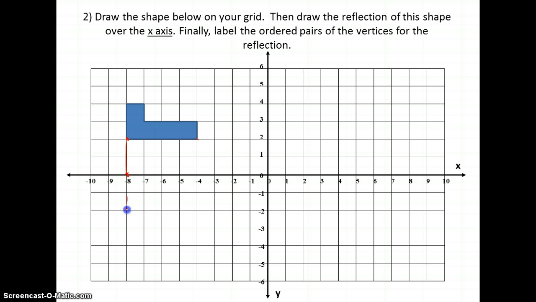So I have to continue going 1, 2 away from the x-axis. If this is point A, this would be point A prime. If this is point B, 1, 2 to get to the x-axis, 1, 2 to go beyond the x-axis. B prime.